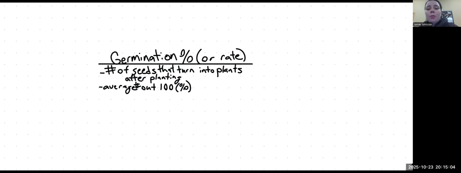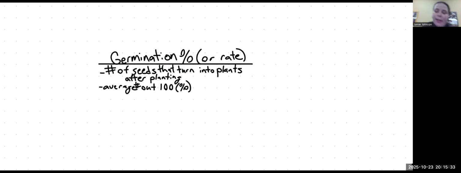Or if I was growing a couple acres of alfalfa or corn, I would want to take into consideration the germination rate, because, and I'll show you, it can change how much you need to buy to be safe enough to plant a field.